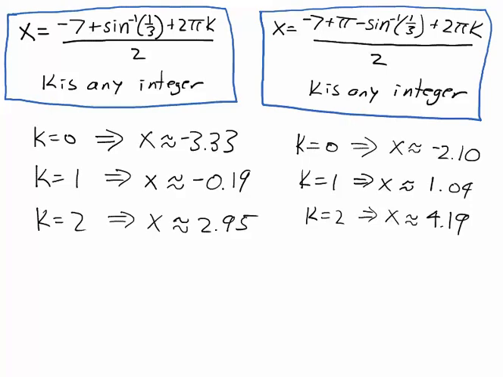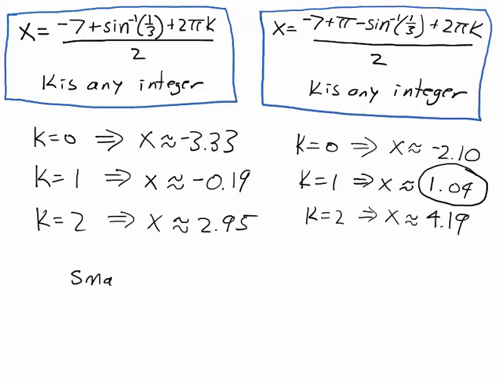So it turns out that the smallest x value that solved this equation was actually this one, the x value that's approximately 1.04. The exact x value there is what we get when we plug a 1 into the second family of solutions.